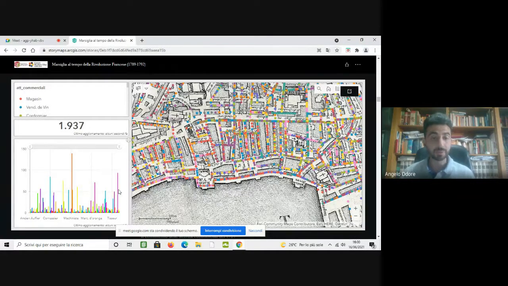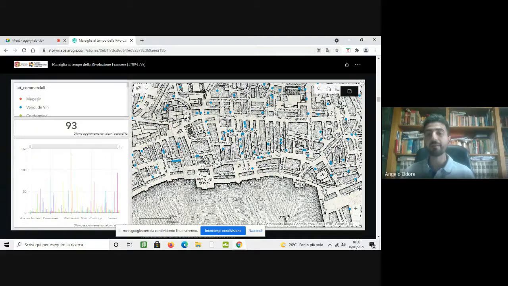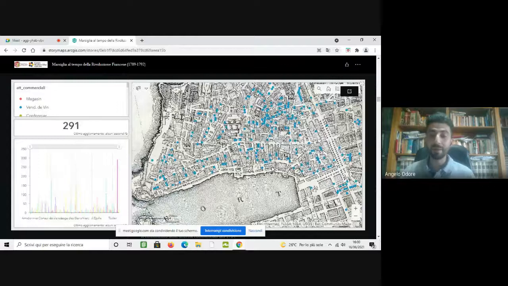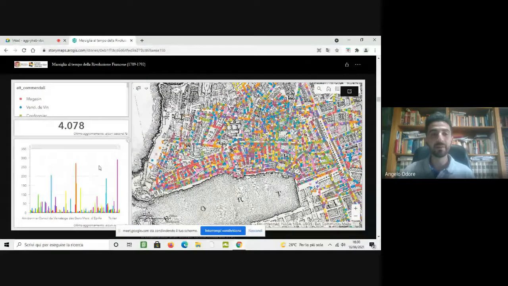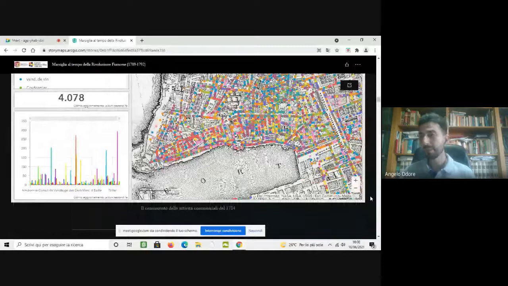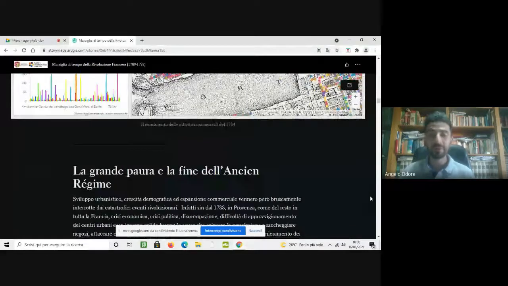For example, if we are interested in the Tisser, we can touch the map, sur la carte, on the map. Sorry for the English-French, but we can do this for all activities, so we can study every aspect of the economic life in Marseille.